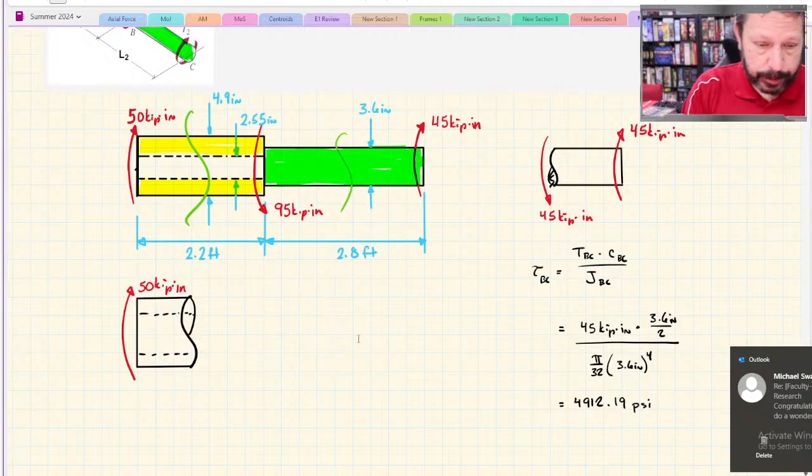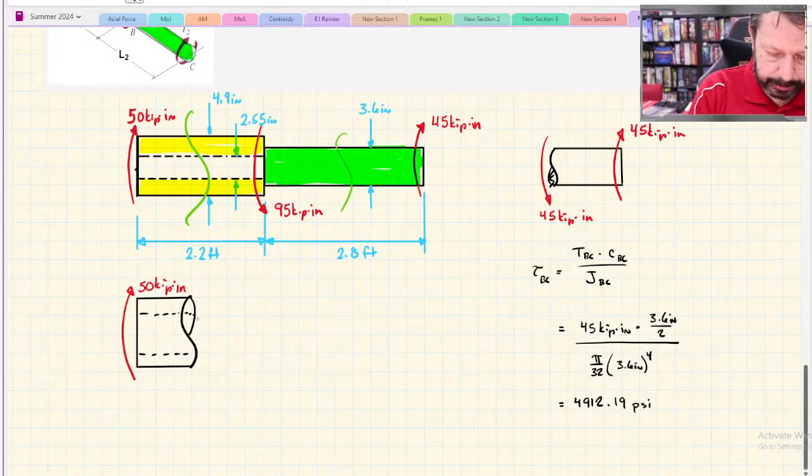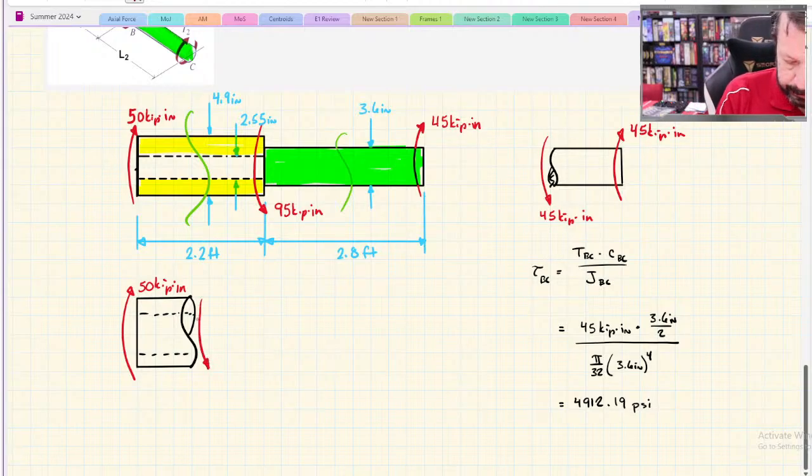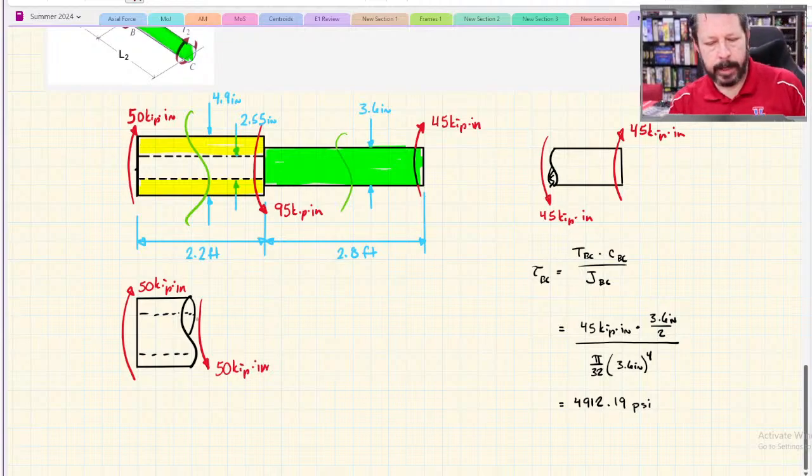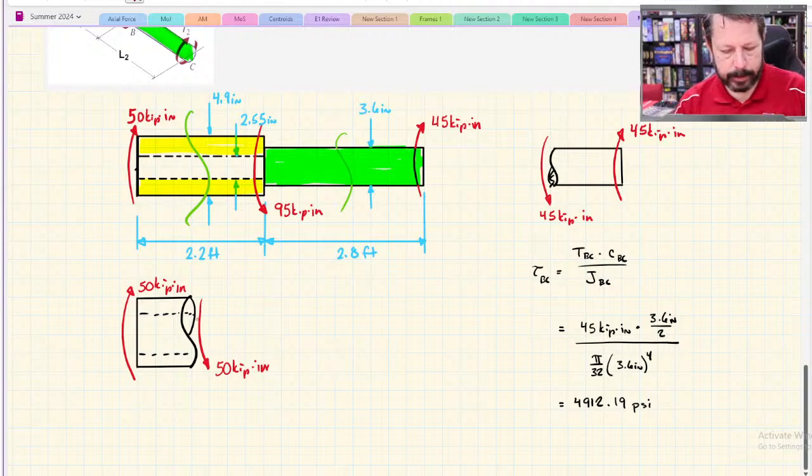So the internal torque here, which way I've been drawing those, like this, needs to be 50 kip inches. And it needs to go in the downward looking direction here. Now I did draw these from different directions.